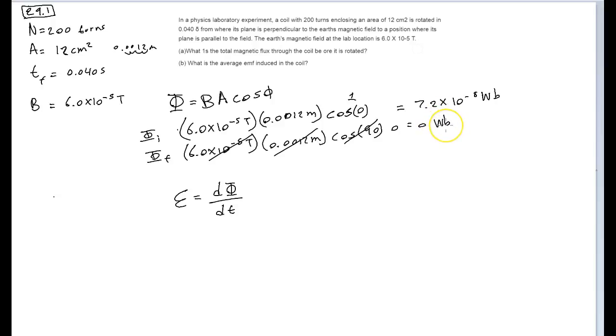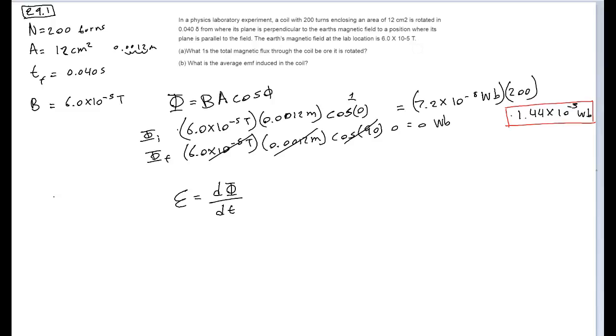So that's Webers. And then it's saying the total magnetic flux through the coil. In the coil, there were 200 turns, so we'll multiply that times 200. And we get 1.44 times 10 to the negative 5 Webers. So that's the answer for part A.